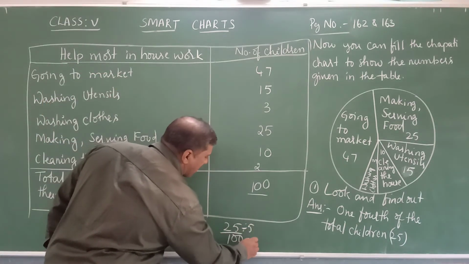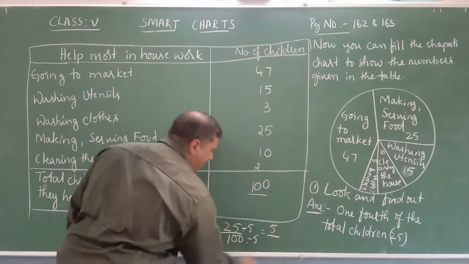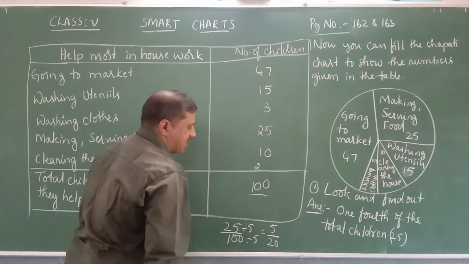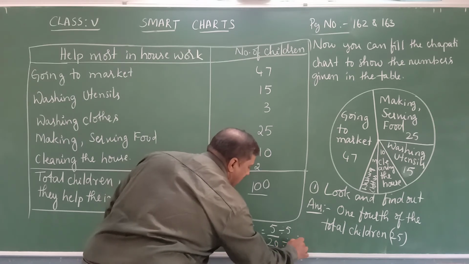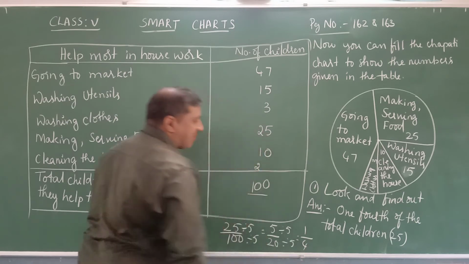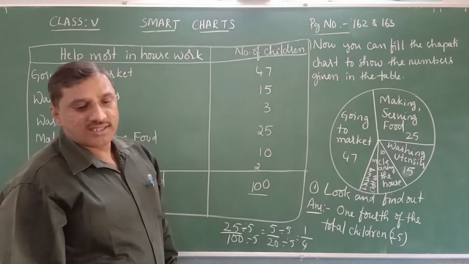When we divide both numerator and denominator by 5, 5 fives are 25, 5 twenties are 100. Again we can divide both by 5: 5 ones are 5, 5 fives are 25, so 1 by 4. That is 1/4 of the total children.